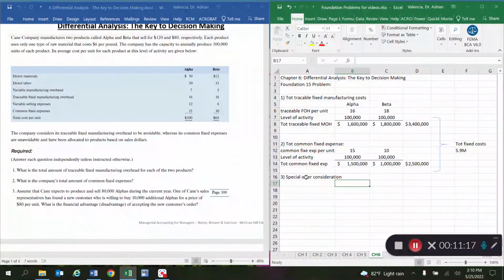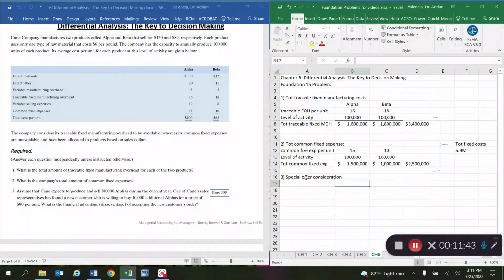When we do that, we only analyze any amounts that differ. If there's an amount that does not differ in one alternative versus the other, then we simply don't consider it. And that's the whole key with differential analysis. Only include costs that are different under the two scenarios. Okay, so let me show you here what I mean by that.